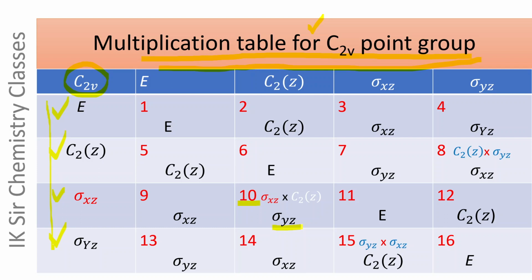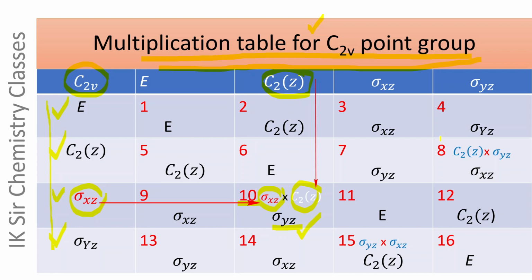It is obtained by multiplying sigma xz symmetry operation by C2z symmetry operation. Sigma xz multiplied by C2z, and their product is sigma yz.